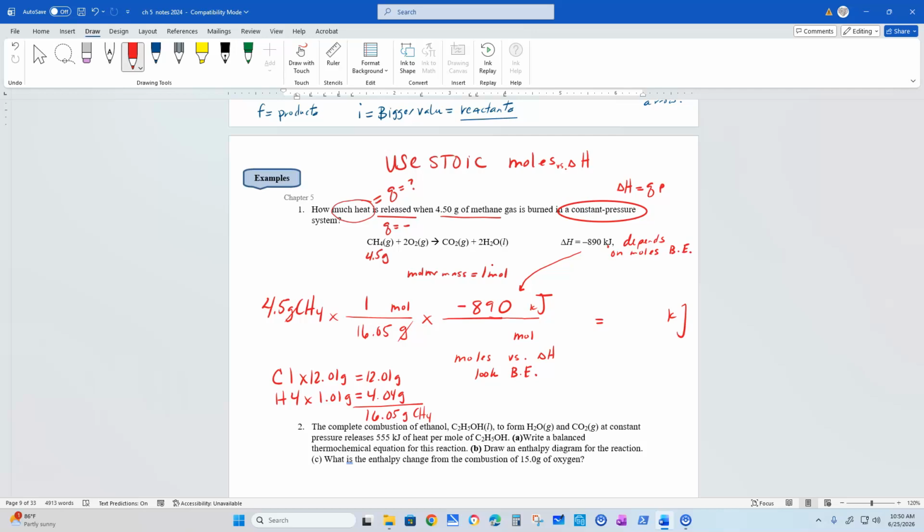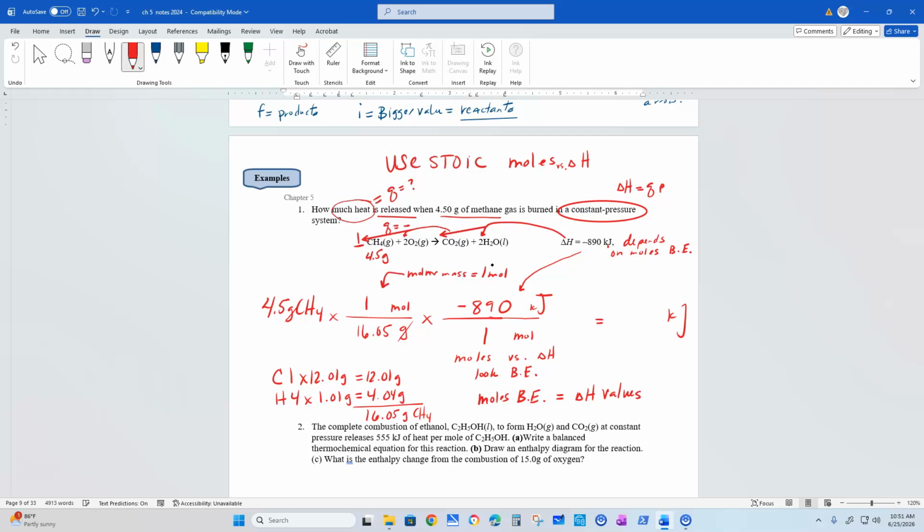But remember, that 890 is correlated to that mole of methane. Because methane only has 1 mole, then I put 1 mole. So the moles in that balanced equation equals the delta H value that's listed on this thermochemical equation. That is the only time you look at the balanced equation, okay?